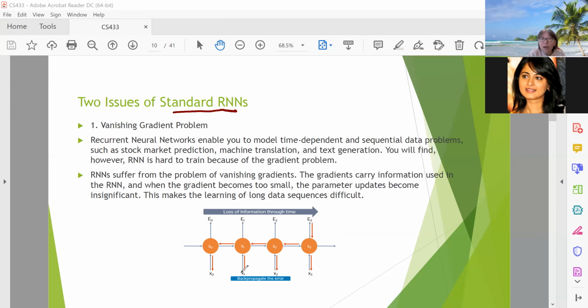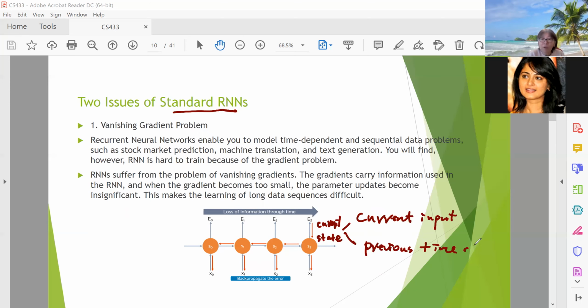The current state depends on the current input and the previous time step hidden layer's output.